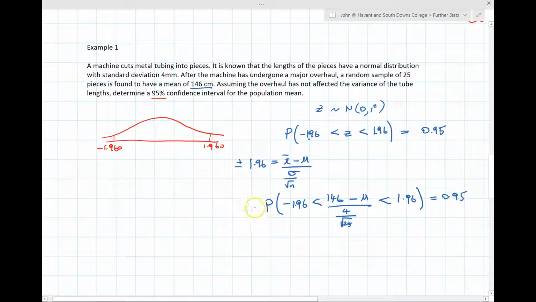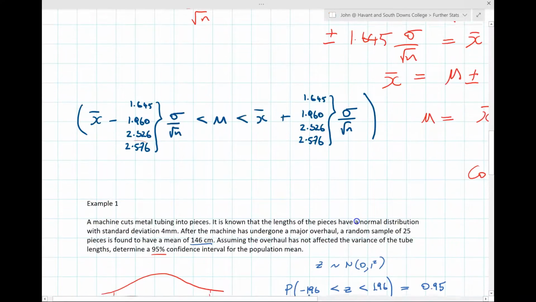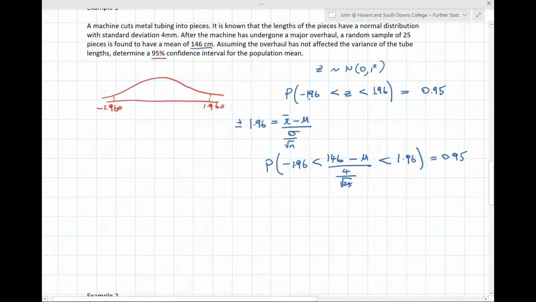Okay, so now we can let mu be the subject of the formula. I wouldn't worry about faffing about with inequalities, because something strange happens with the plus and minus signs. Just rearrange this as I did above, or do it in your head.